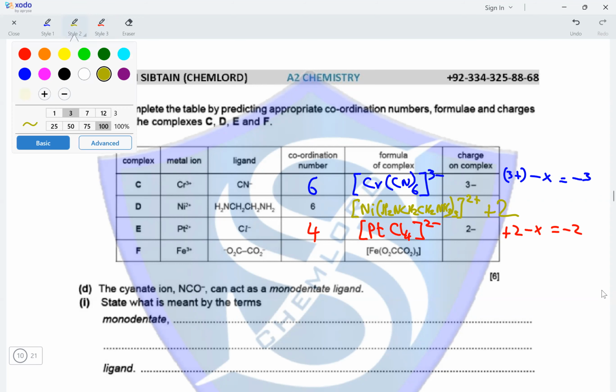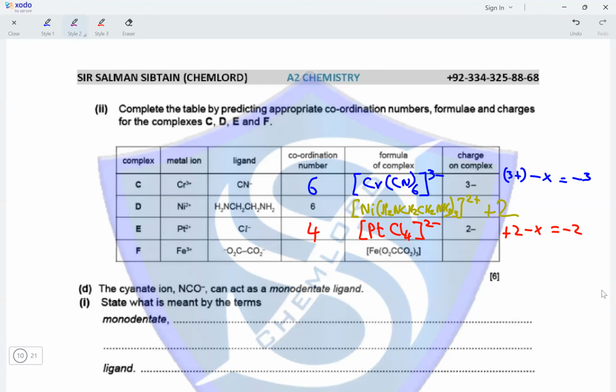Next, we have Fe3+ ion present as the central transition metal ion, and the ligand is oxalate because we've got two COO- bonded together. So the number of oxalates present is 3.